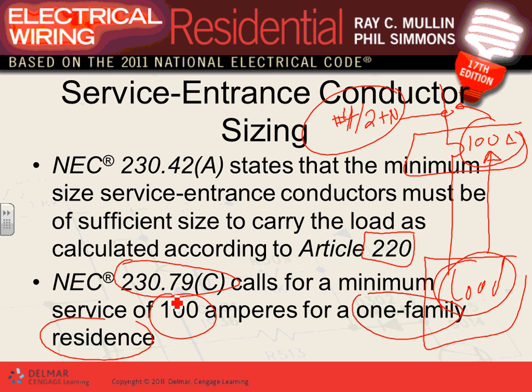So if your calculation came up with 50 amps, can you use 50 amps? No, 100 amp. So the minimum that you can bring to any house is what? Number 4 conductor, 100 amp service. Any comments, any questions, guys? So that's sizing your service entrance conductors.